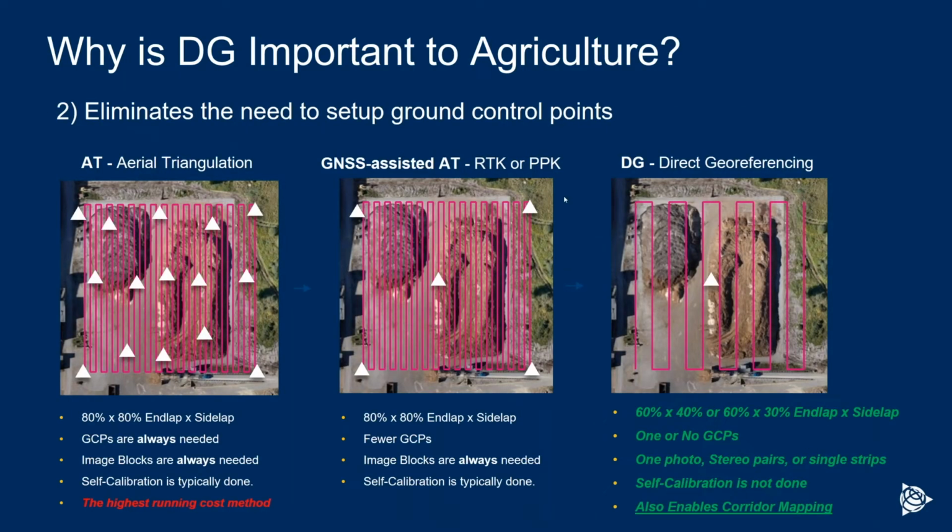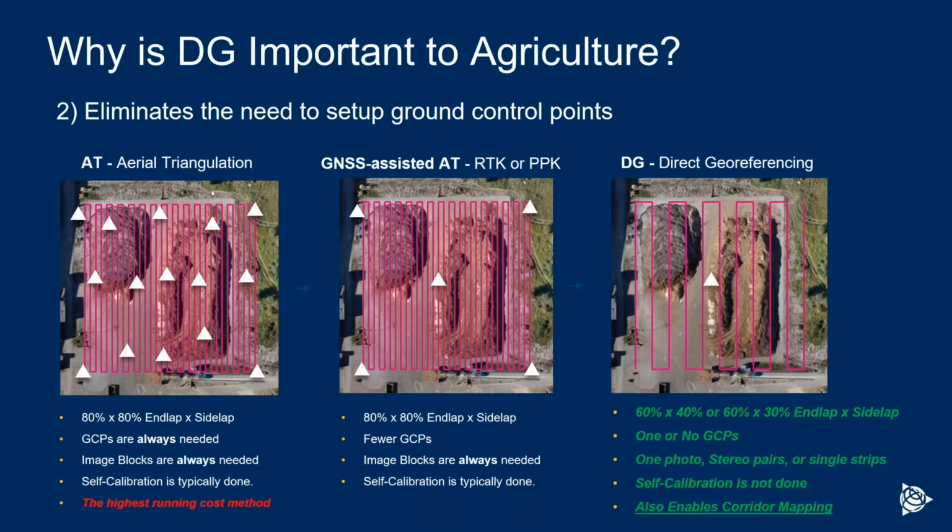This is perhaps one of my favorite slides here. It really helps to show the value of direct georeferencing when using UAV surveying and mapping, whether it be for agriculture or any other kind of application. This slide also shows a development over time of the technology.